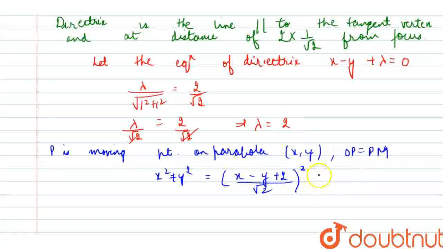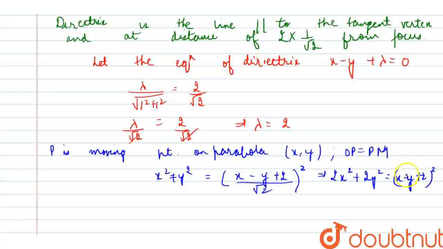So solving it, we can write 2x square plus 2y square is equal to (x minus y plus 2) whole square.